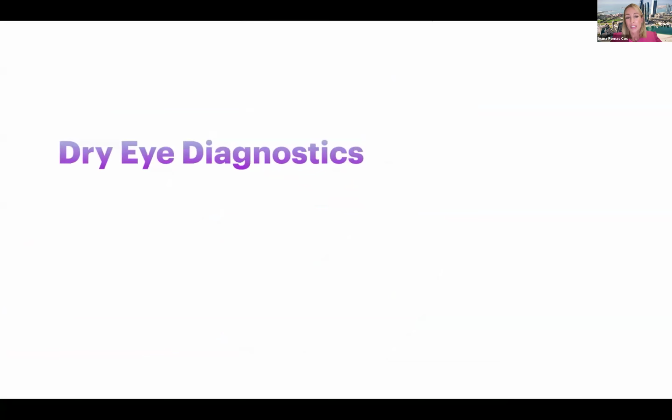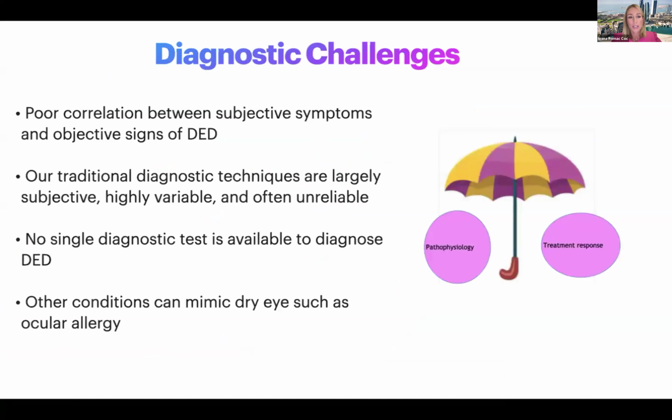When diagnosing the disease, there are several challenges that we are facing. There is a poor correlation between subjective symptoms and objective signs. Our traditional diagnostic techniques are largely subjective, variable, and often unreliable. We don't have a single diagnostic test that can diagnose dry eye disease, and also other conditions can mimic dry eye, such as ocular allergies. And this is because dry eye disease is not one disease. It's a disease that can have different symptoms.